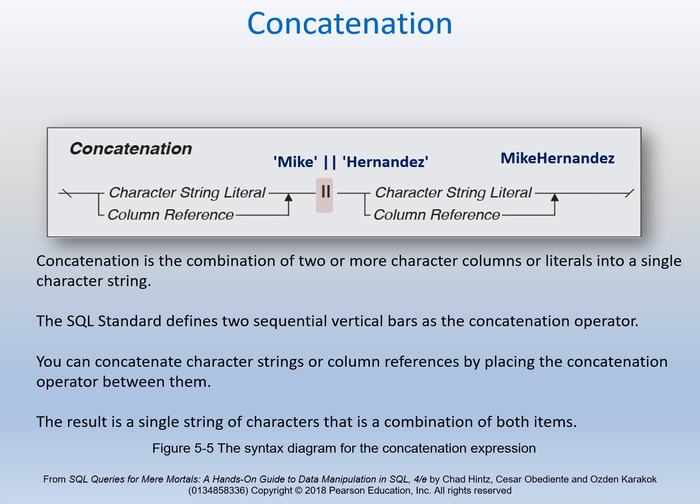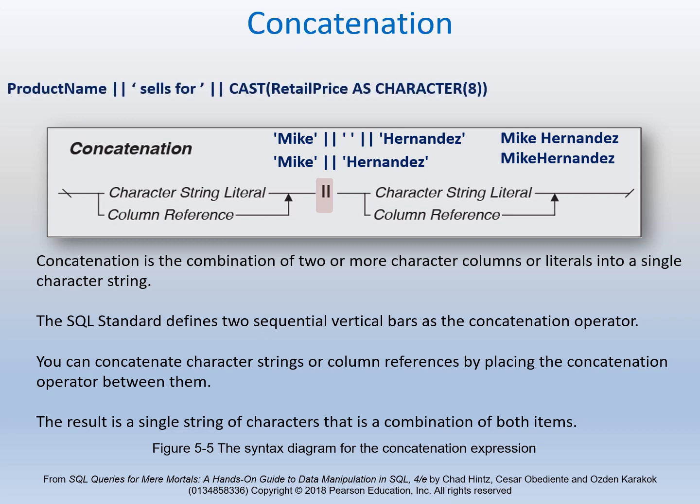But notice there is no space between the first name and the last name. What we can do is include a concatenation of a space represented here between two single quotes. Now we have the string Mike concatenated with a blank space concatenated with the string Hernandez. The output is Mike space Hernandez.